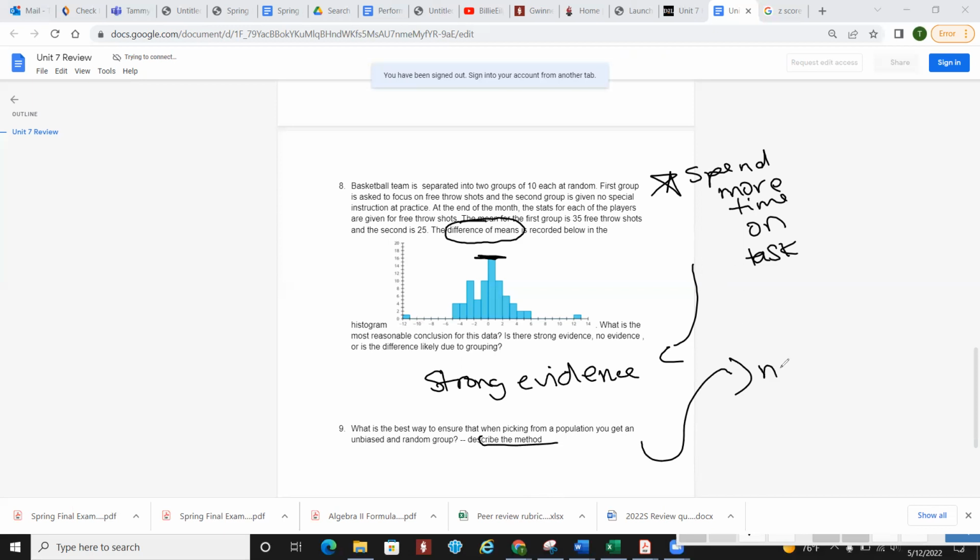I would number all of my students, one to however many there are of you. Number people, okay? And then I would use a random number generator to pull a sample, okay?